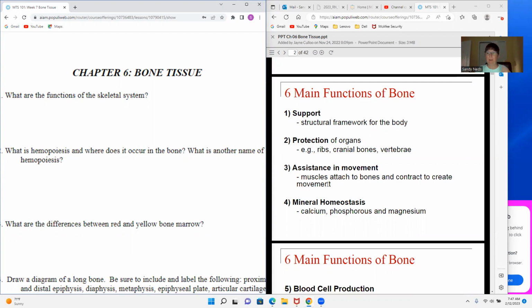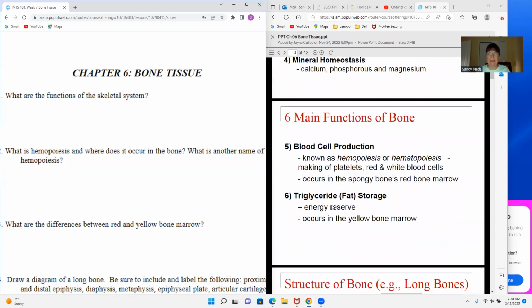It assists in movement, that I can do all those anatomical things and movements. And it also stores minerals. So it maintains homeostasis. Remember, homeostasis means to keep me in a good balance, that I'm not too much or not too little, I'm just right. And it stores calcium, phosphorus, and magnesium.